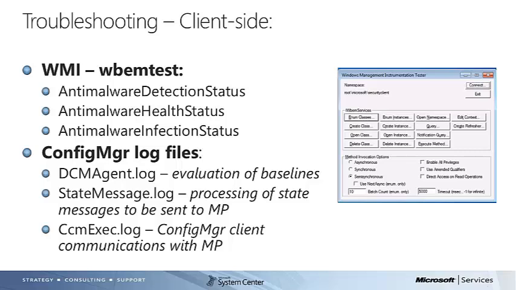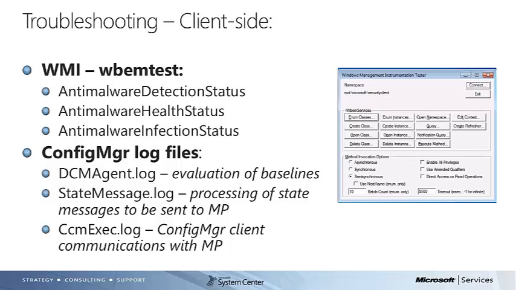Because if it's not, then when the DCM baselines run, it's not going to be able to pull that information out. So that's an important step that does happen after malware is detected on the system, and FEP will then update its own WMI namespace with that information that is then pulled out by DCM.